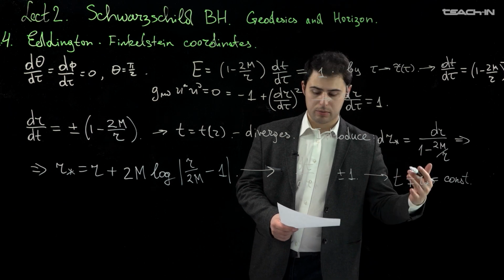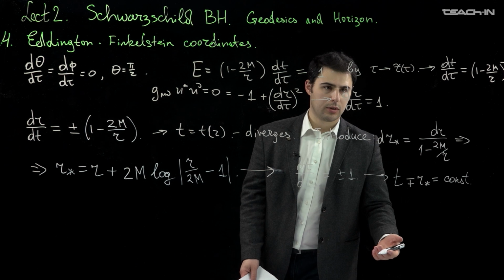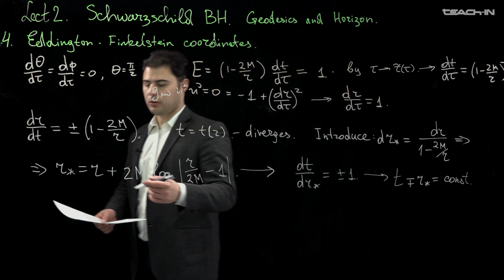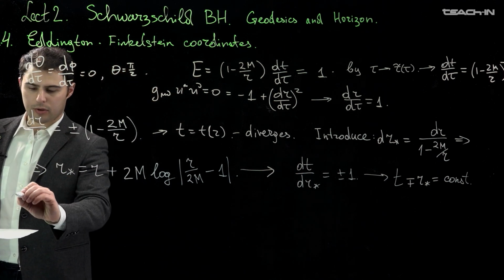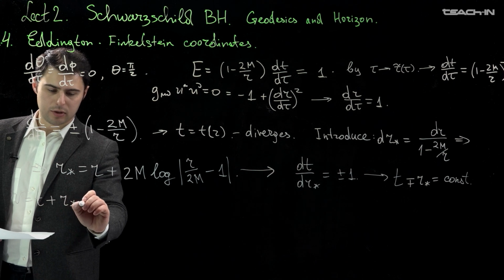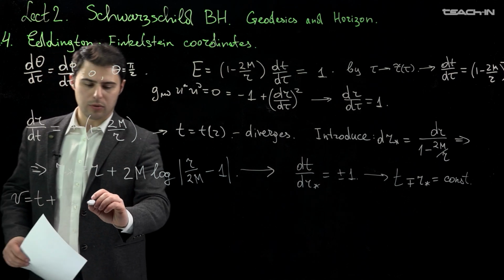Let us actually define the new coordinate that corresponds to the infalling null geodesics. So we have v equals t plus r*.